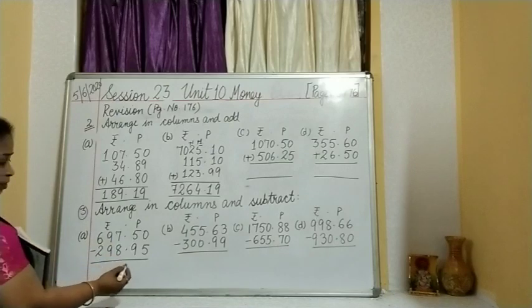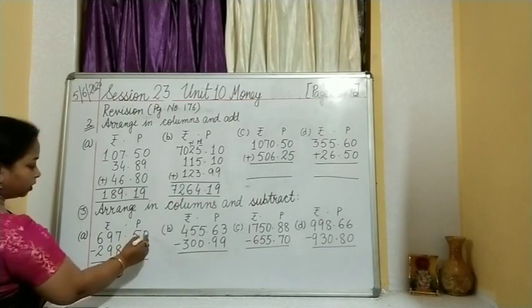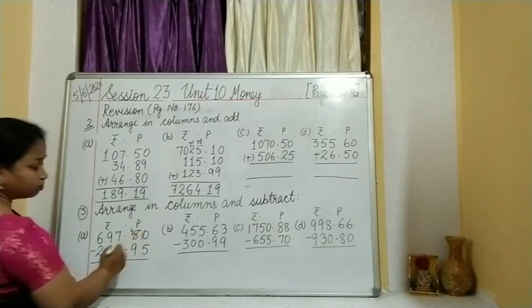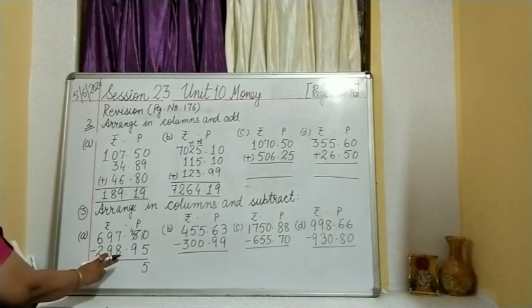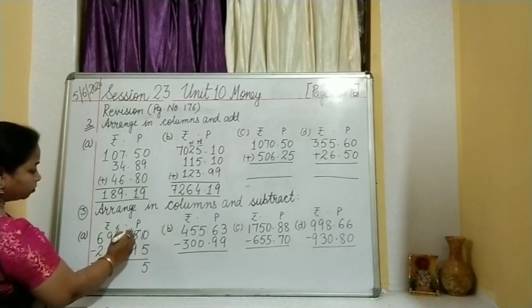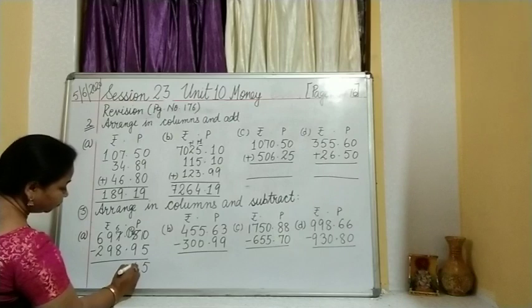Then start subtracting. 0 minus 5, can it be? No, we borrow. So this becomes 4 and this becomes 10. 10 minus 5, 5. Can we subtract 9 from 4? No, we need to borrow. So this becomes 14. 14 minus 9, 5.